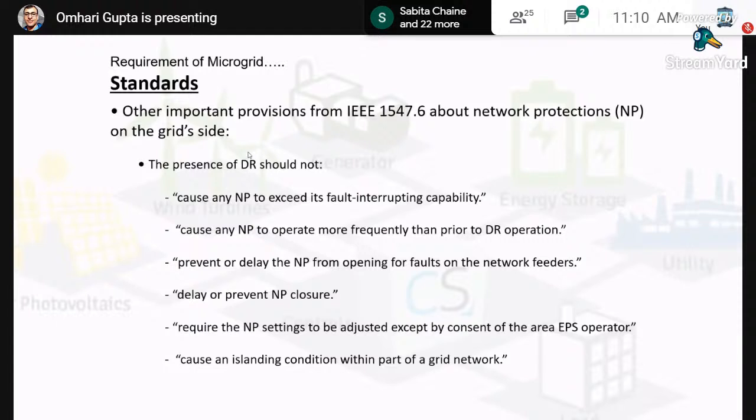It should not delay or prevent network protection closure. It should not require the network protection settings to be adjusted except by consent of the area EPS operator. It should not cause an islanding condition within part of the grid. So there are a few things to be taken care of in terms of the existing protection system. Obviously, there will be protection challenges whenever you connect the DG.